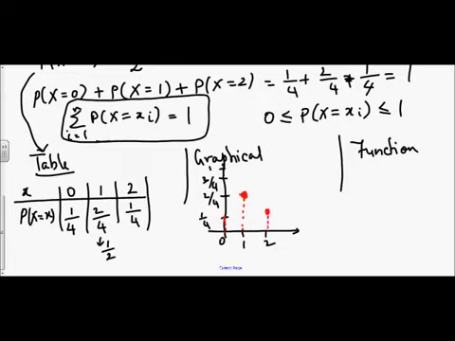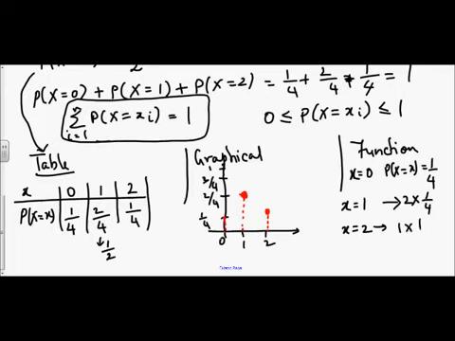This is the graphical representation. So how do you do the functional representation? You could have noticed that when small x is equal to 0, the value for p of X equal to x is 1/4. When x is equal to 1, it is 2/4, which I can write as 2 times 1/4. And when x is equal to 2, this was 1 times 1/4 again.